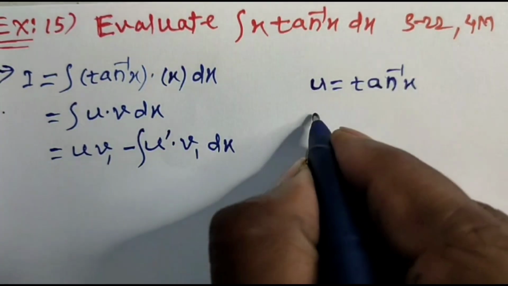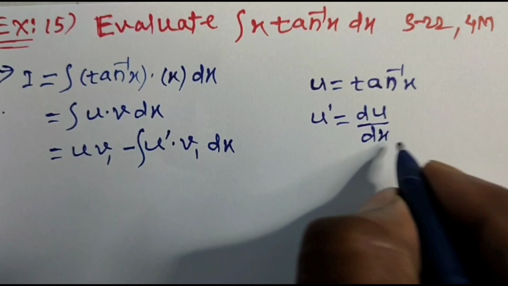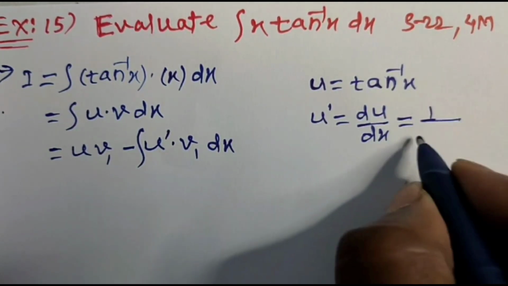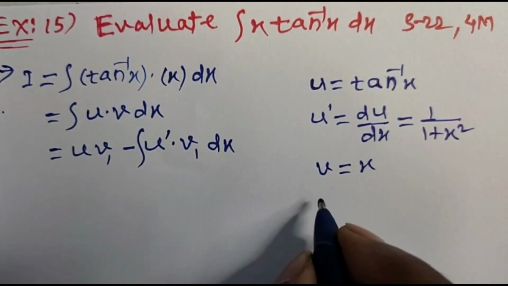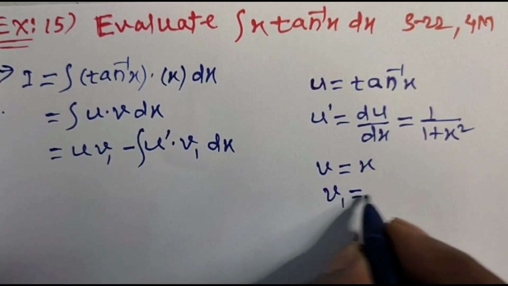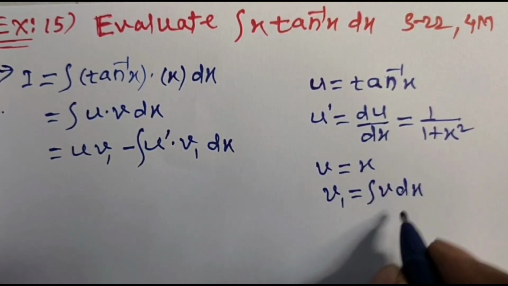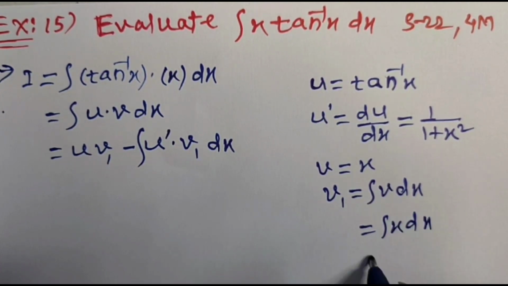Hence, u dash is nothing but derivative of u with respect to x, and u is tan inverse x, its derivative 1 upon 1 plus x square. V is x, hence v1, that is nothing but integral of v with respect to x, and v is x, so integral of x with respect to x, which is equal to x square divided by 2.